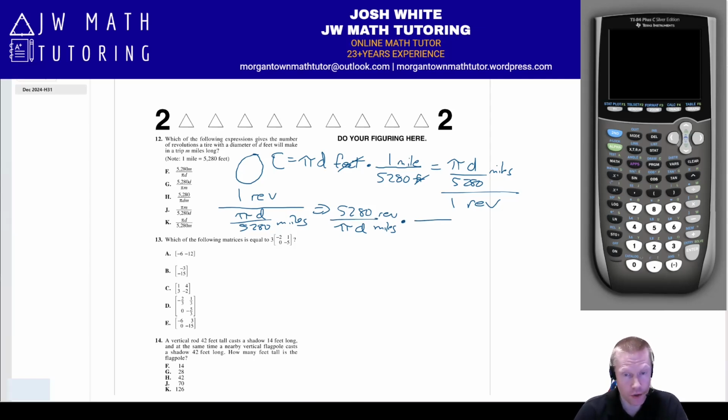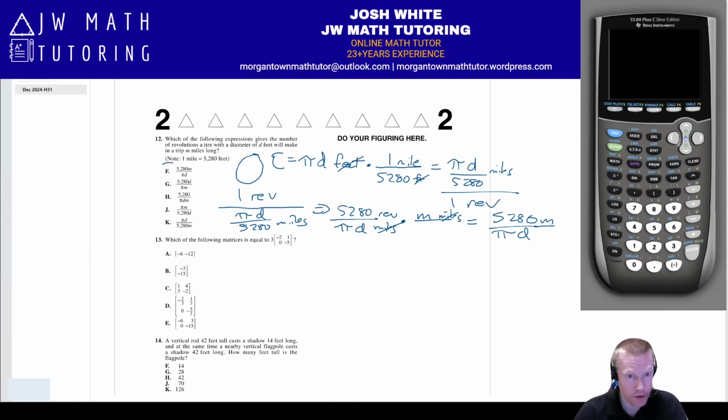And now you can say this is the number of revolutions per mile, and then multiply this by how many miles our trip is. Well, the trip is m miles. So now we multiply by m miles. On top, the miles will cancel out, and we're left with just revolutions. So we get 5280 times m over pi times d.